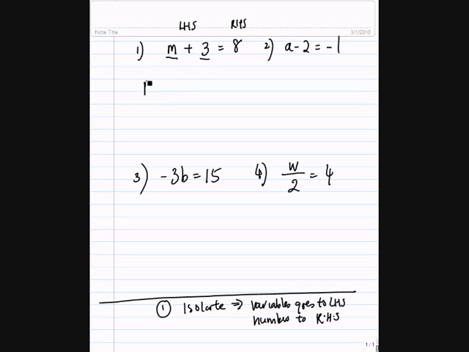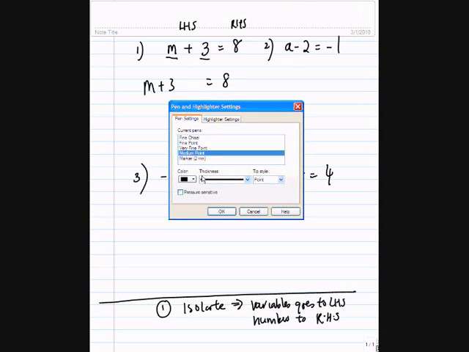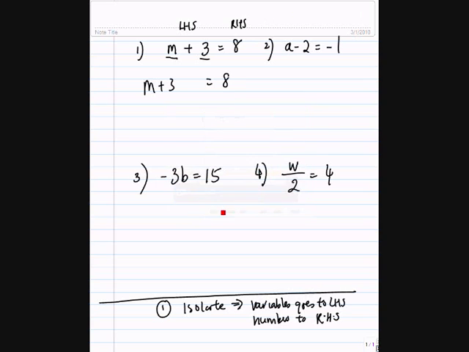So in this case, we need to make the number on the left hand side disappear, right? So in order to make it disappear, what should you be doing? I will simply need to minus away 3 on the left hand side of the equation. Am I right? So 3 minus 3, I will get 0. The plus 3 will disappear by itself.